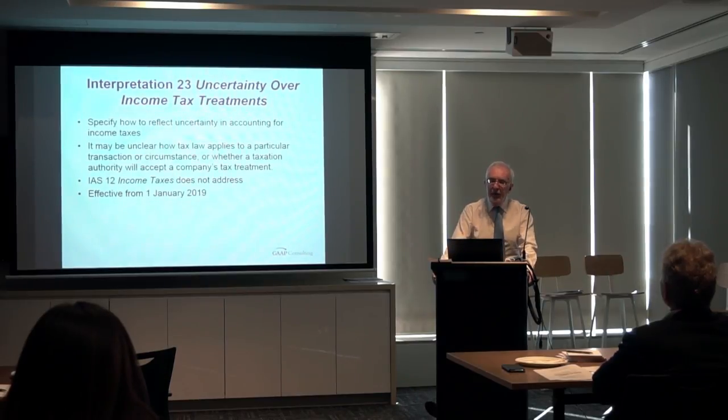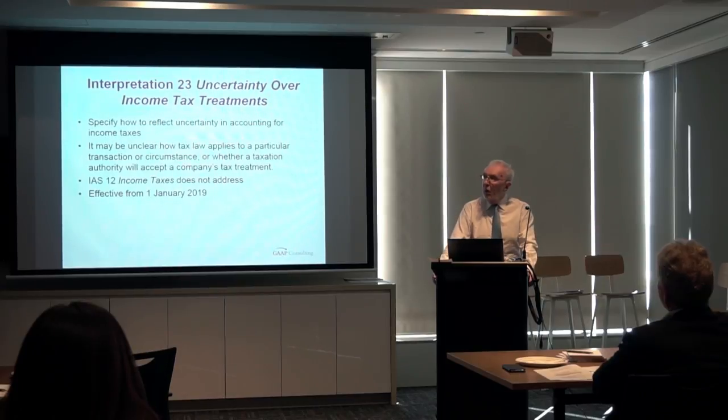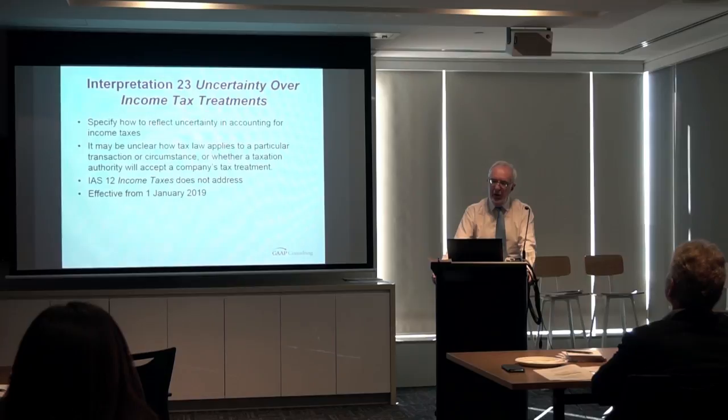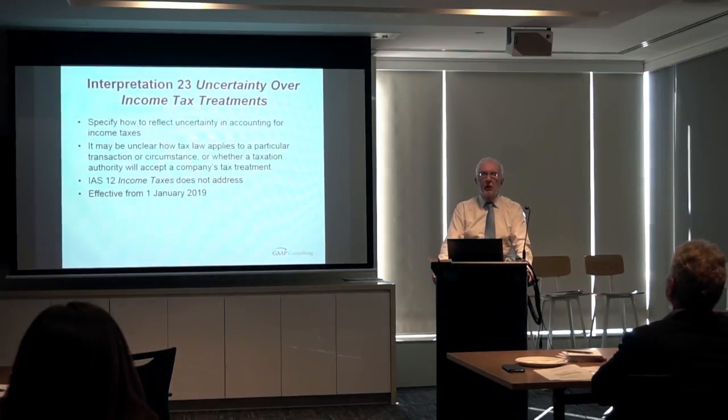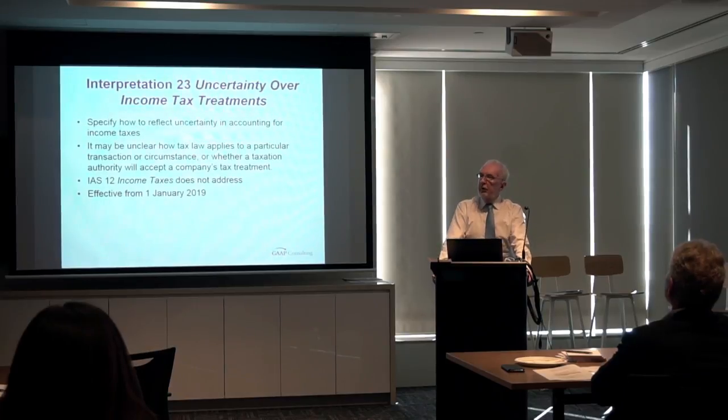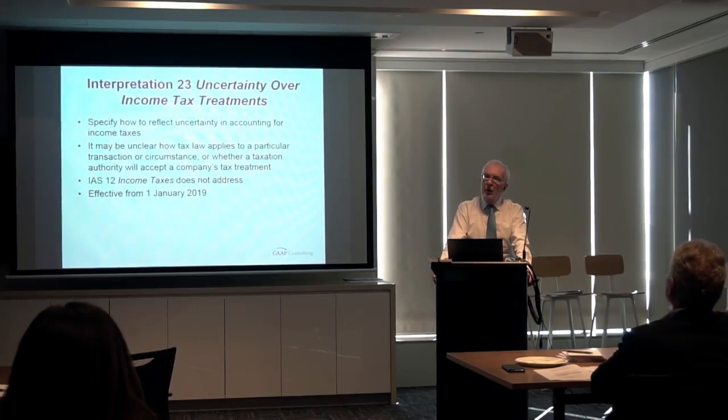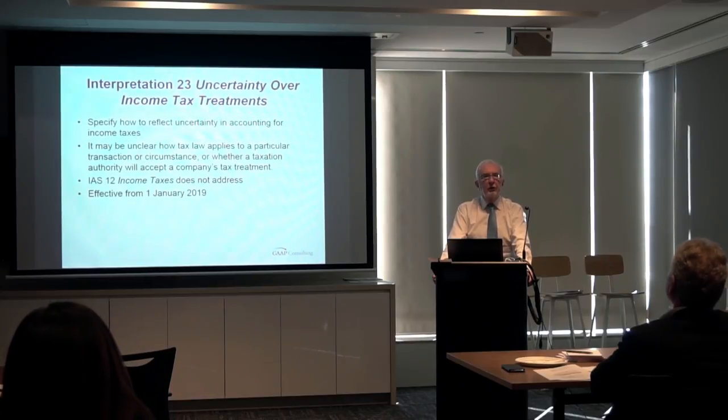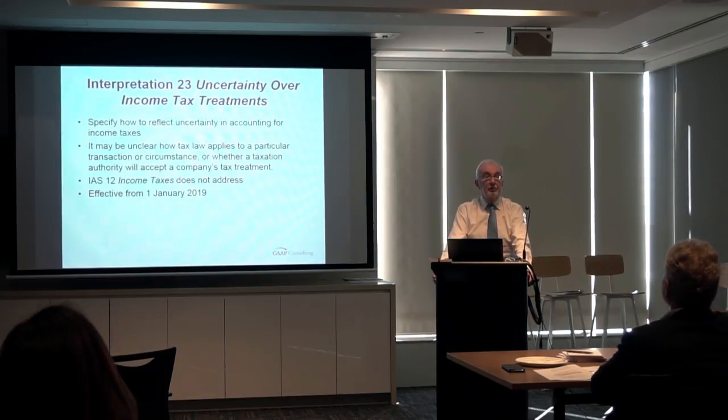So the accounting standard interpretation basically says we're going to need you to view these uncertain tax treatments through the lens as follows. First of all, I've got to assume that the ATO has access to all the documents that I have and would make a decision based upon those documents.